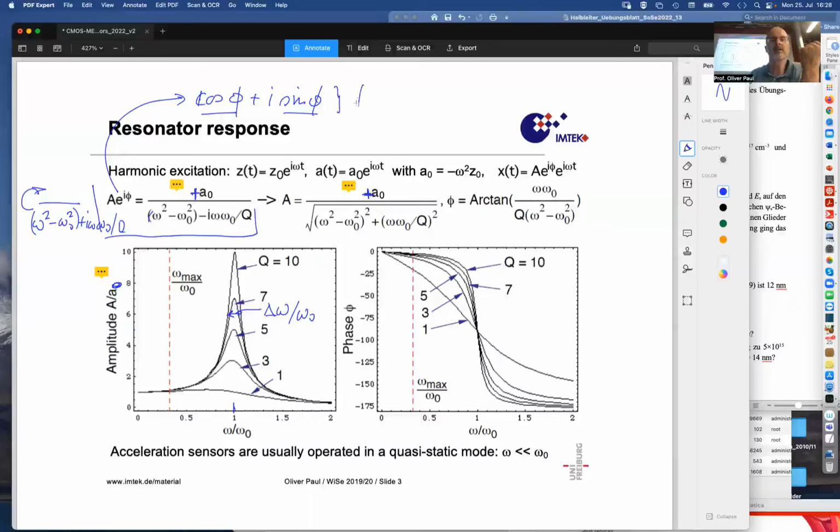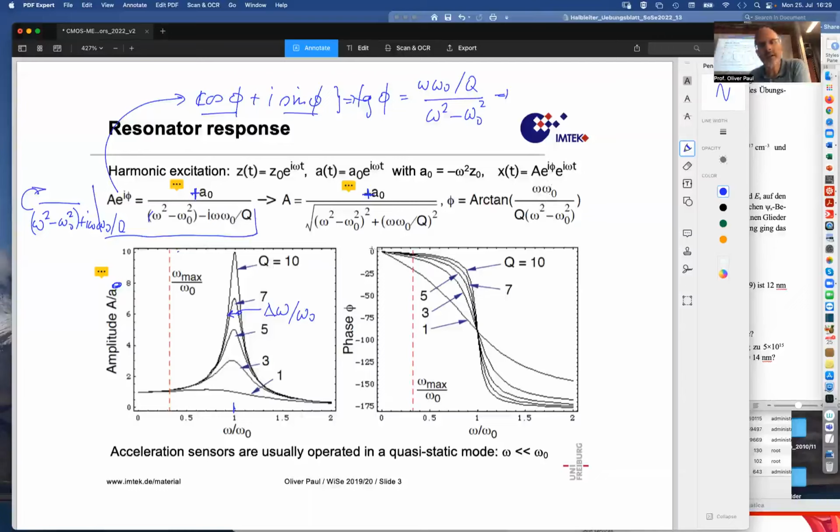If we then calculate the tangent of phi, we divide the imaginary part by the real part, and what comes out is this quantity here, omega 0 over Q divided by omega 0 squared minus omega squared. Then the arctangent is applied on the left and the right, and we have this expression of the phase angle as a function of the frequency.